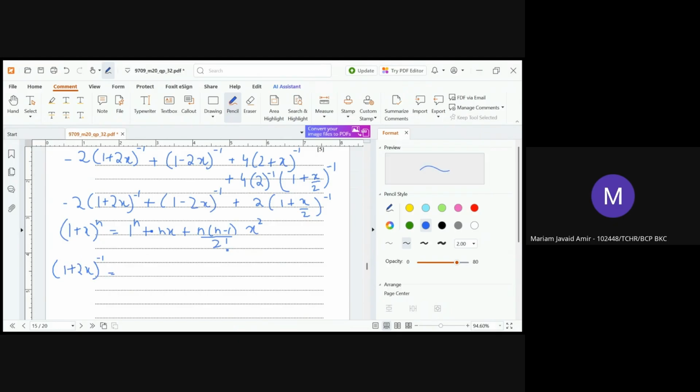The first term will be 1 to the power negative 1, which is just 1. Then plus n times x, then plus n(n - 1)/2! times x². Okay, we'll simplify this.